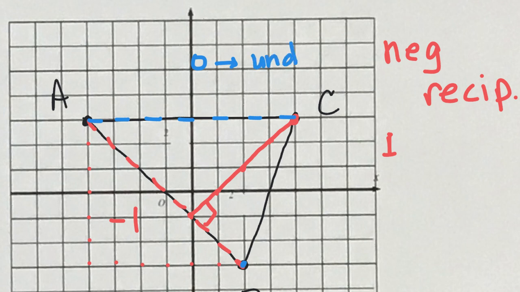It's actually undefined, right? An undefined slope. So what kind of a line is perpendicular to a horizontal line? A vertical line. So we're going to do a vertical line from point B in the direction of side AC, right? A vertical line. So a horizontal and a vertical are always perpendicular.